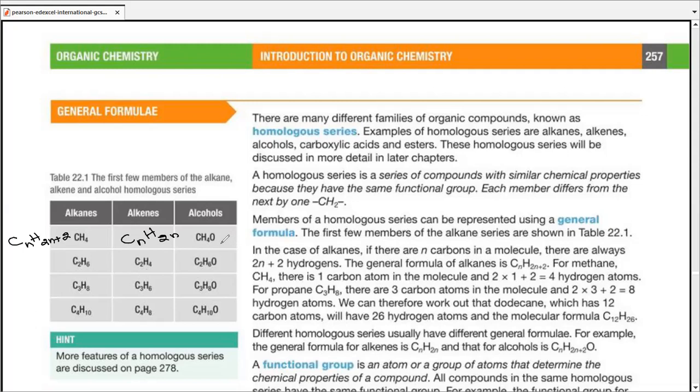Predict the next member of this series in alcohols. This is CnH2n+2O. Okay, so it's the same as alkanes, but just in addition of an oxygen atom.